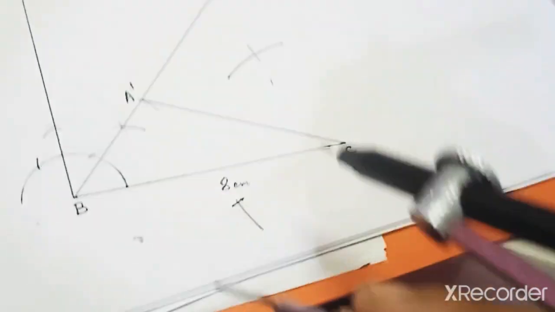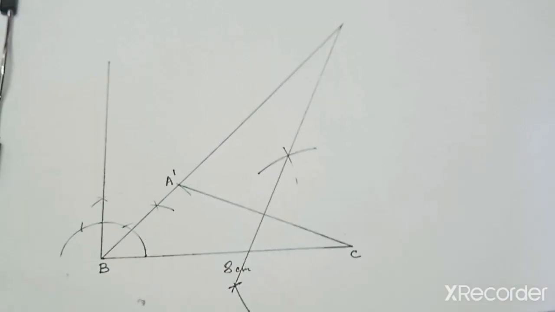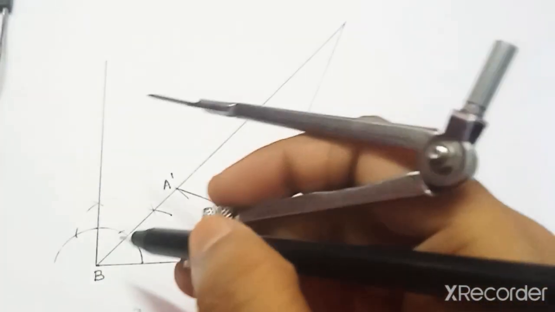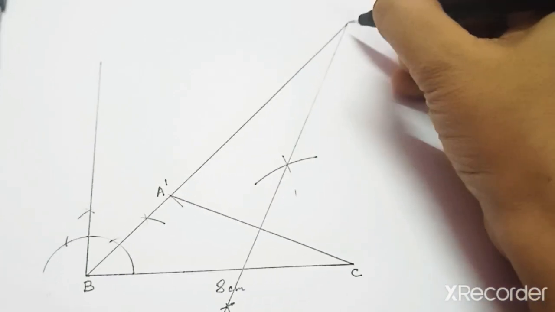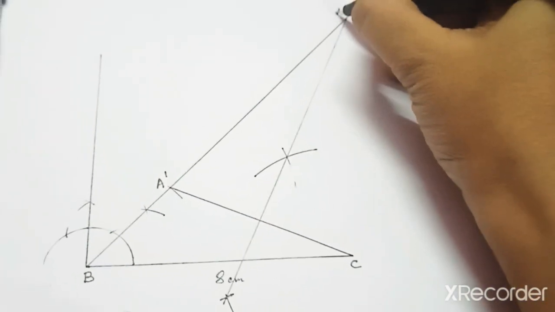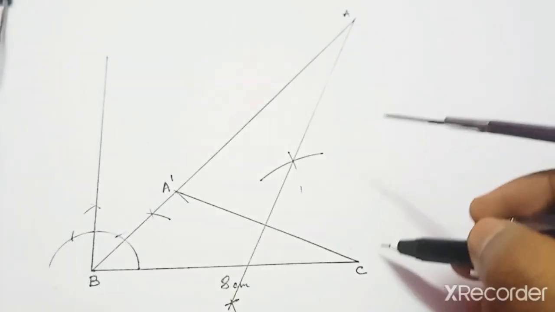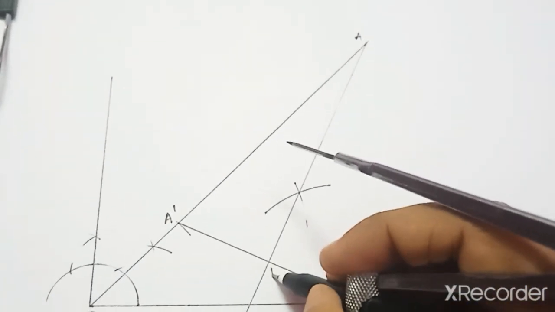Okay, now we will join them. After joining we can see that A dash B also we will produce, and they will intersect at this point, and this is the point A. Now we will join AC, and suppose this is point D.